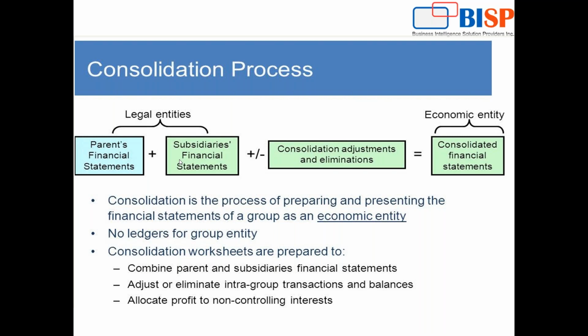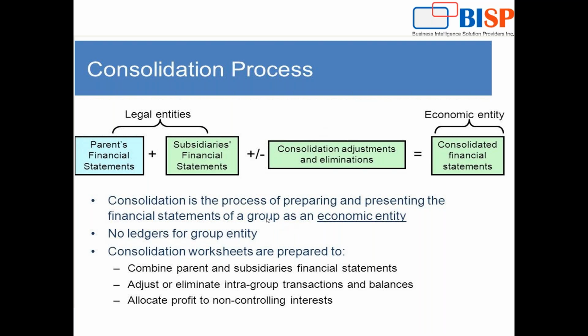So you will merge the numbers of the parent company with the numbers of multiple subsidiaries, and a few adjustments and eliminations take place at the time of consolidation. After those adjustments and eliminations, you get your final consolidated financial statement numbers.